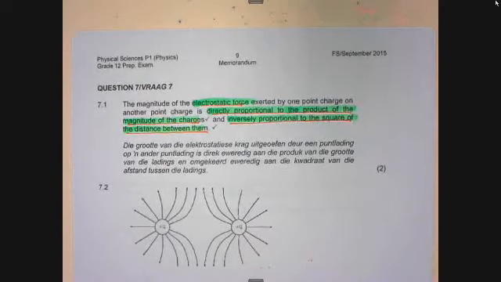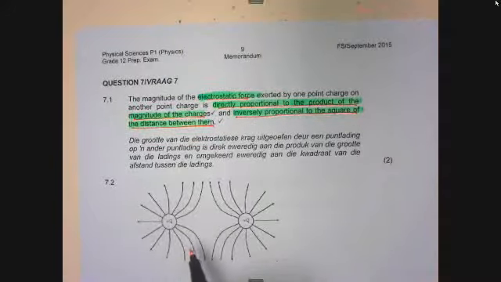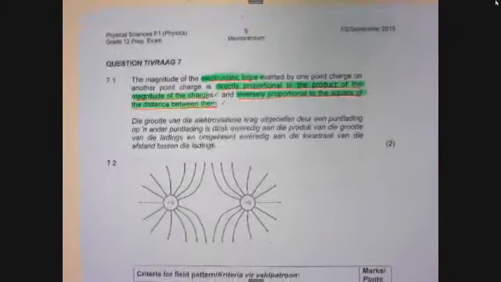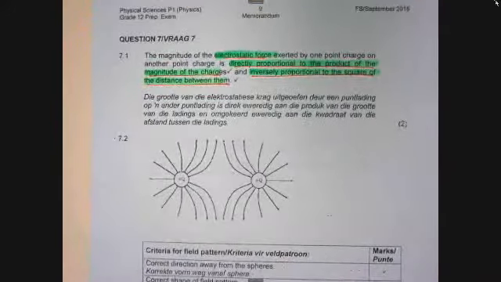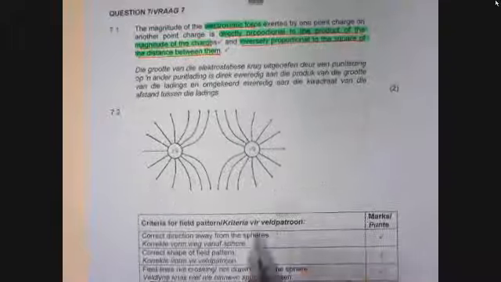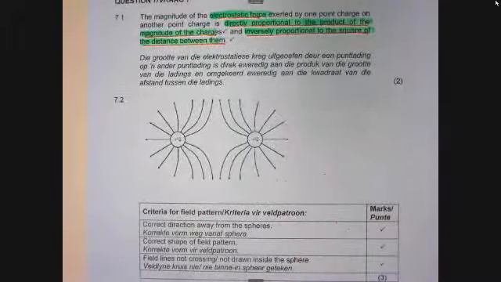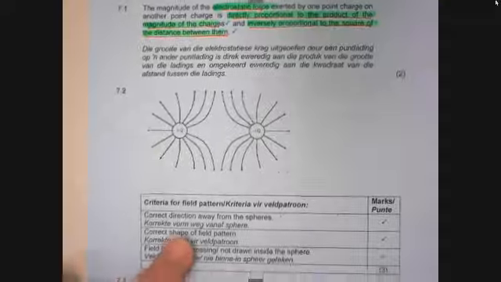And then the next question is draw the electric field pattern due to the 2 spheres P and Q. And here is your correct diagram. You will see the mark allocation is as follows.